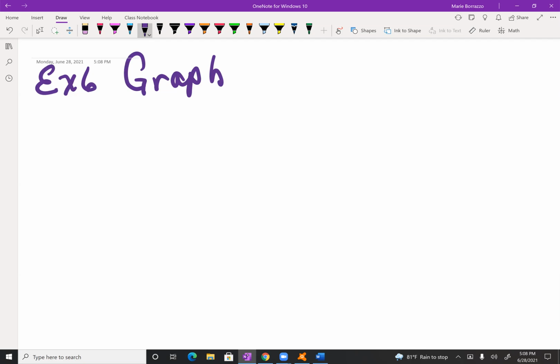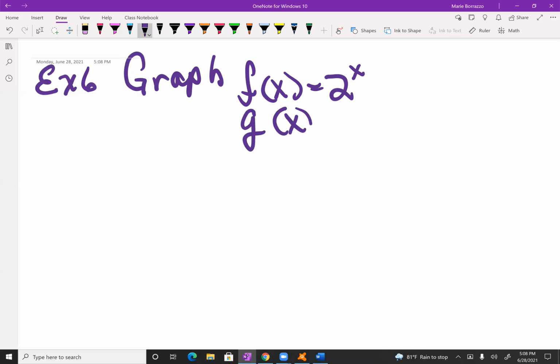So if they ever ask you to graph, like in this case, f of x is equal to 2 to the x, and they ask you to graph g of x is equal to log base 2 of x, and they want you to graph it in the same coordinate system, once you have this graph, you've already got this graph. If you don't believe me, watch the magic. And I'm just going to do the coordinates.